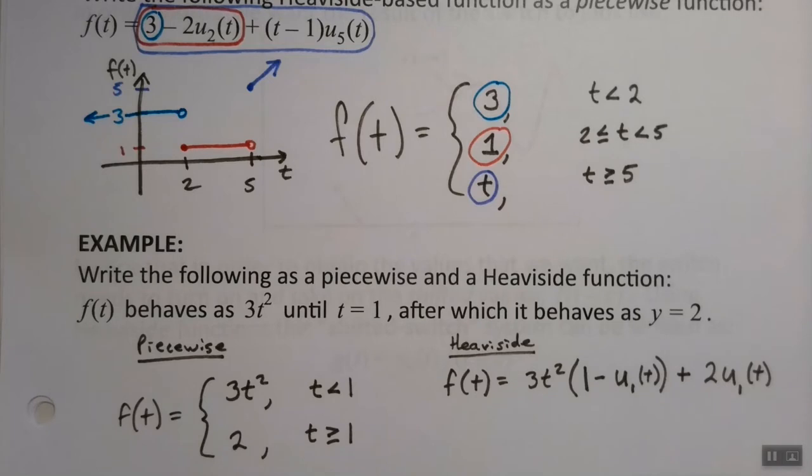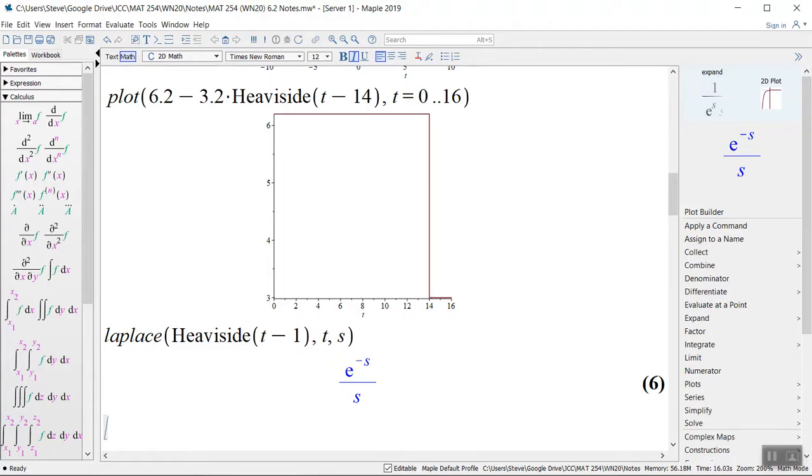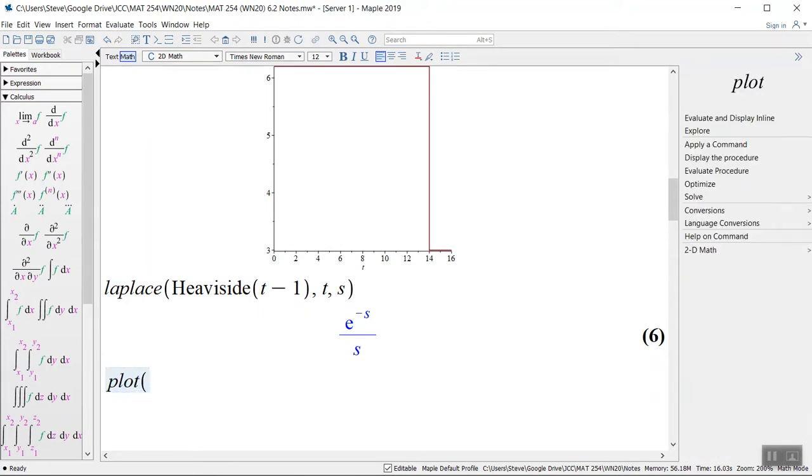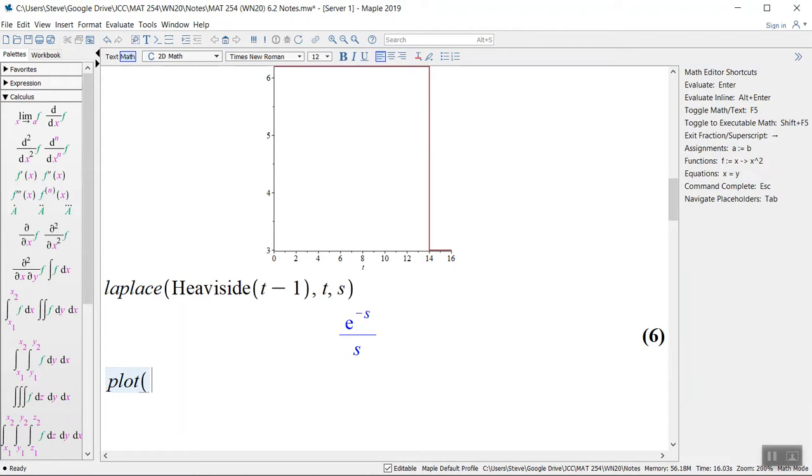So let me pull up Maple on the screen here, and hopefully we can see how this works. I'm just continuing where the notes left off. So I'm going to do plot, and we're going to plot 3t squared times Heaviside of t minus 1. Oops, I forgot. This first one is 1 minus Heaviside.